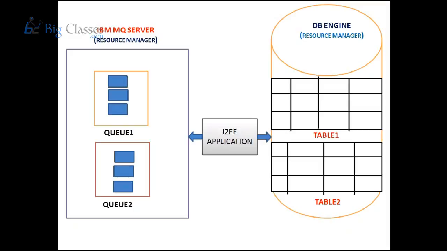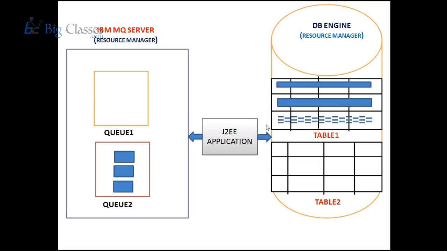It gets messages from the MQ server and inserts the data as records into tables in the database. See? In the MQ server, data is stored as messages. These messages are retrieved and just inserted as records into tables, right?